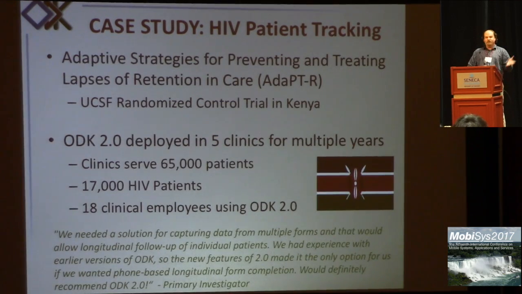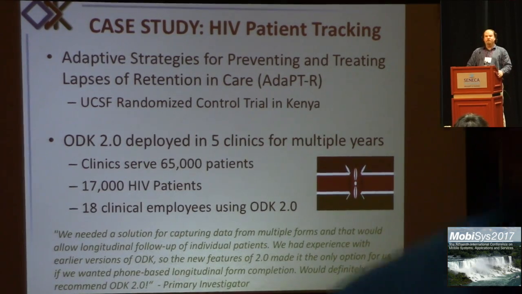Another example we'll quickly cover is in Kenya, where HIV is a big problem in Africa. People want to track patients over time and vary their care. They've tried to run studies and they've had to keep them very, very simple because of the paper records.